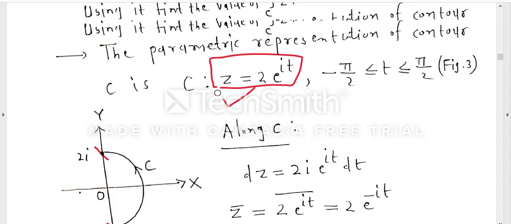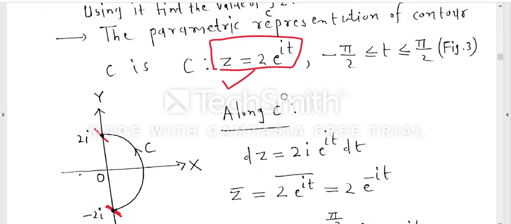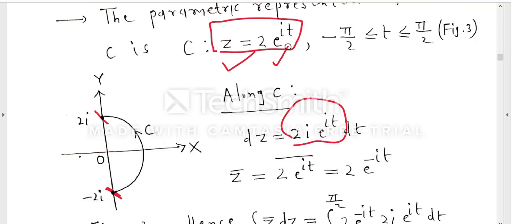So once you have the parametric representation, now things are easy. You know how to find this dz. dz is going to be 2i e raised to it dt. z bar is nothing but the conjugate of this, so 2 into e raised to minus it.